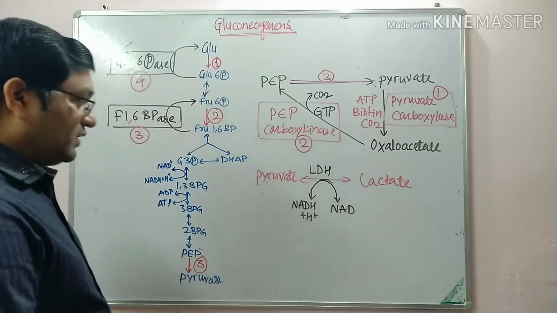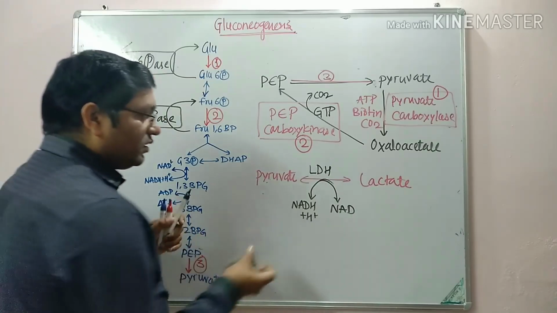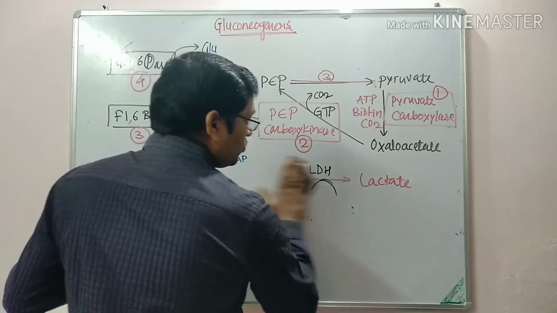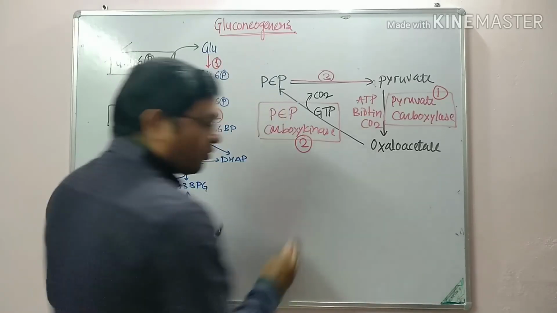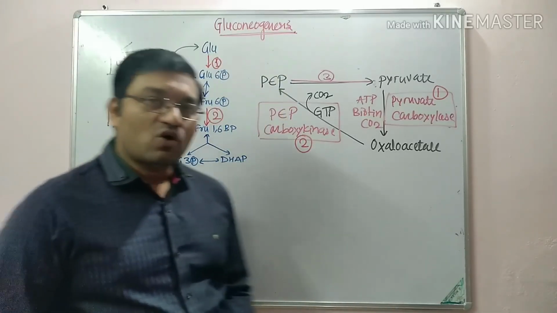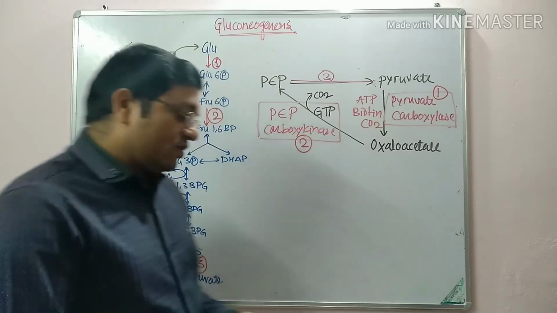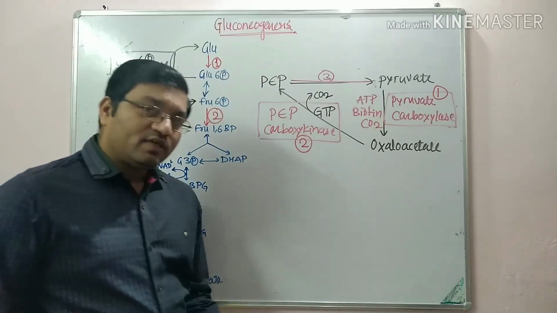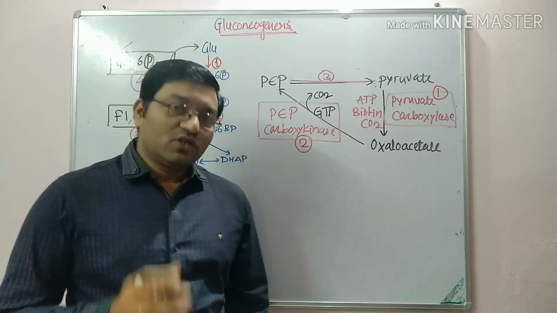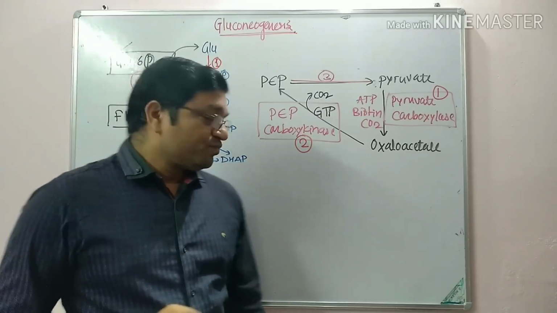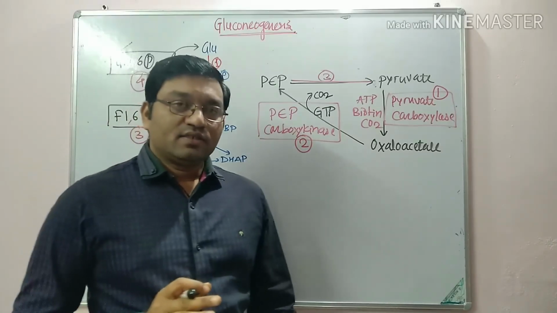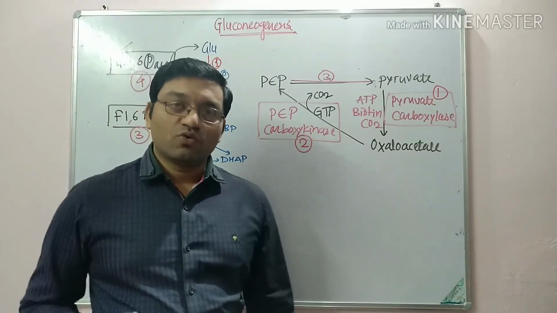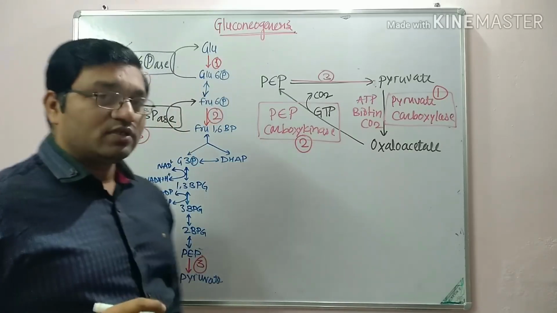Now coming to the next, the synthesis of glucose from propionyl coenzyme A, that is the odd chain fatty acid. Even chain fatty acid does not give glucose, but odd chain fatty acid is responsible for synthesis of glucose during the period of starvation.